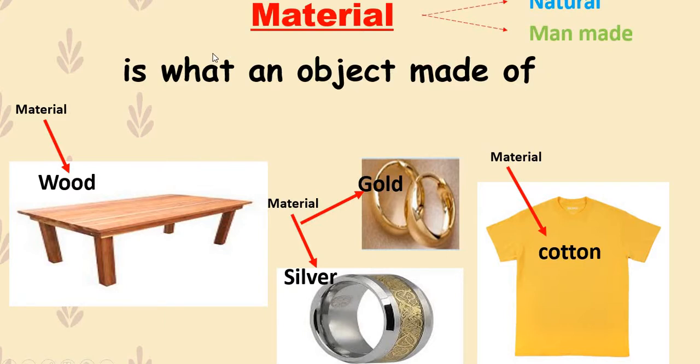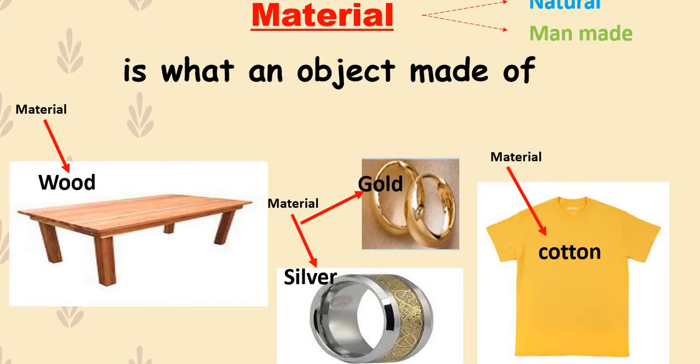Great. So material, natural or man-made? Natural, God-made, found in nature, or man-made, we make it. Okay. So material is what an object is made of. Your booklet, made of what?